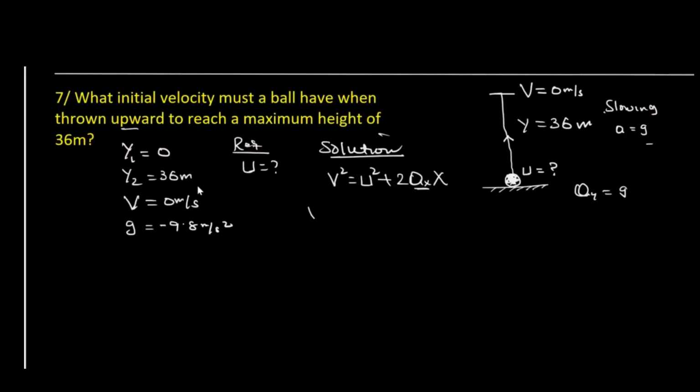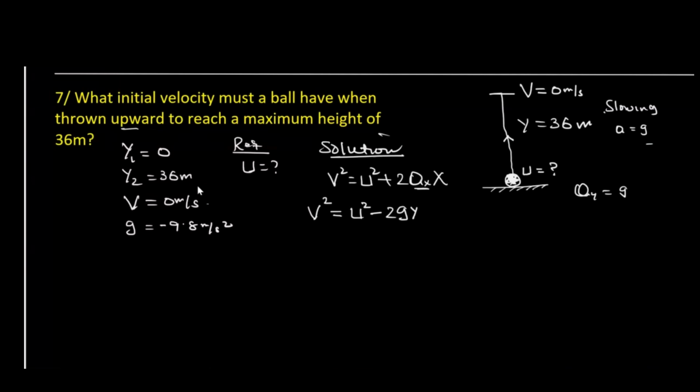So my equation is going to be v squared equals u squared minus twice g times y, or delta y, the change in y. Excellent. Now this is easy. What is v?